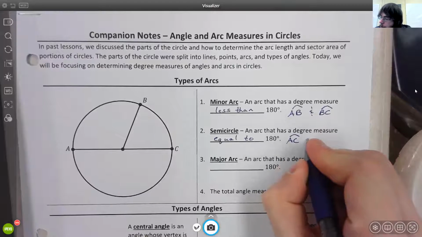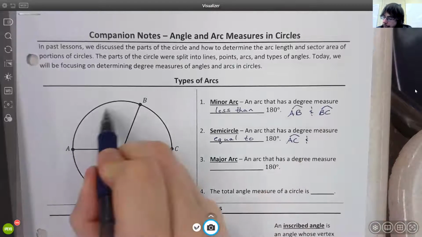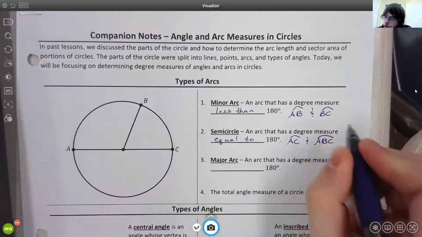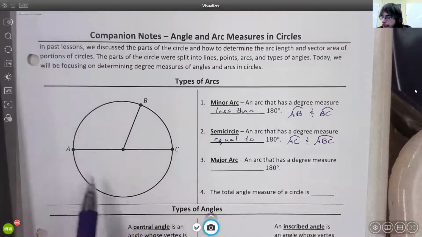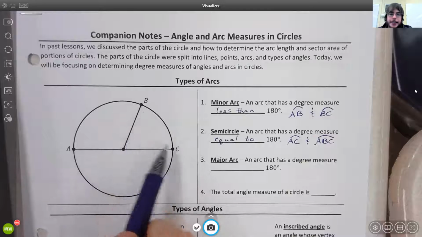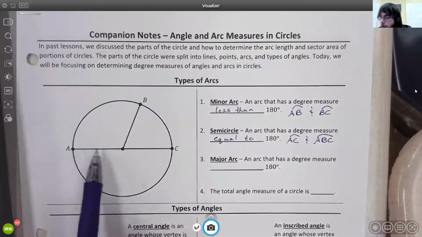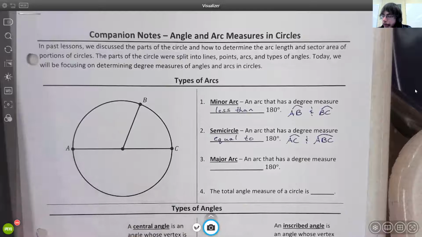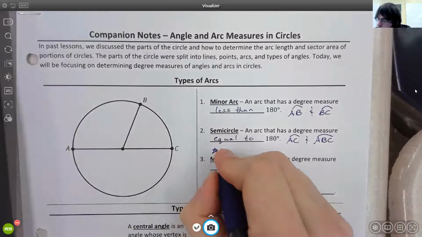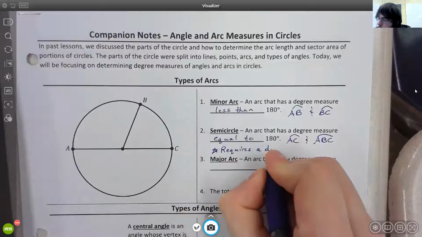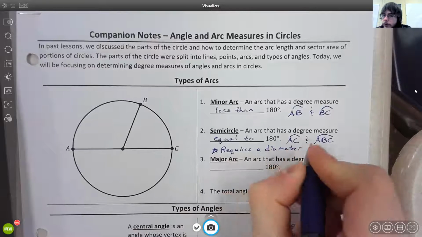But you could also say that arc ABC is one. Okay, so arc AC or arc ABC. And notice here that having a semicircle is completely dependent on you having a diameter. So a semicircle requires a diameter.